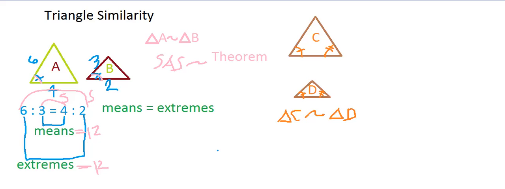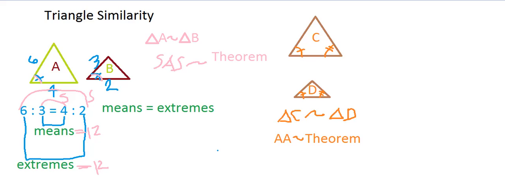Because of our angle similarity theorem. Now, no need for us to prove that the third angles are congruent, because the sum of the measures of the interior angles of a triangle is always equal to 180.